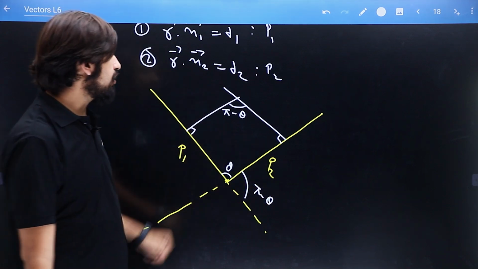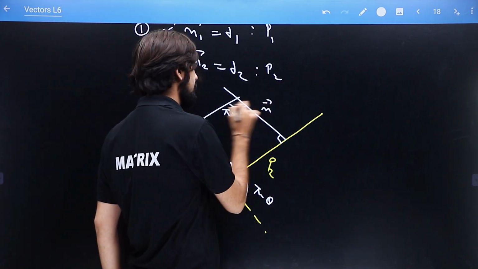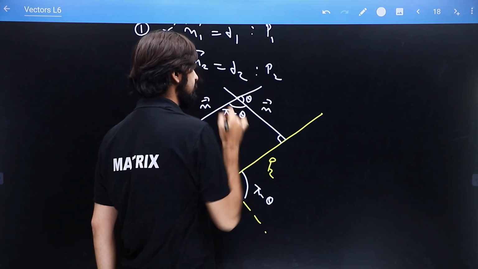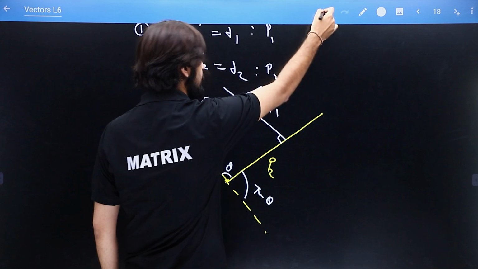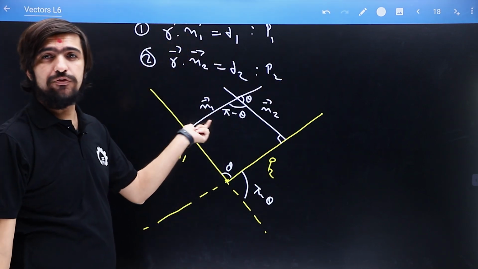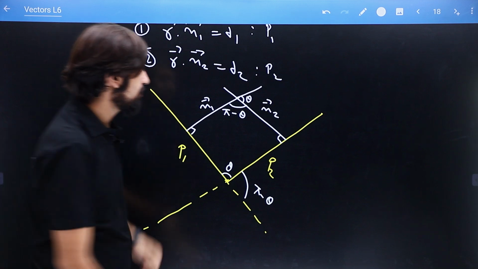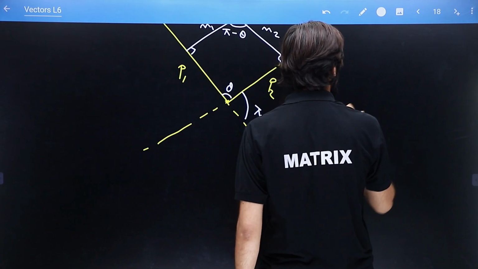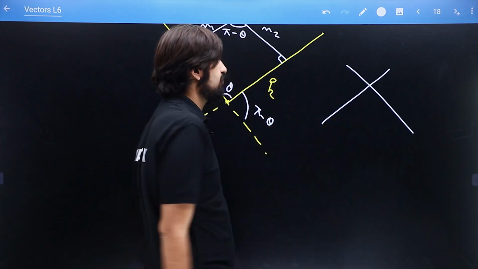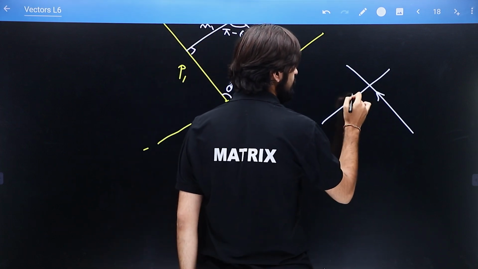This is the n vector, this is also an n vector. Again, if I extend, this is also theta. This is the n2 vector and this is the n1 vector. This is the normal of the first plane and this is the normal of the second plane. So if we have two vectors, you can assume any direction, it doesn't matter. So let's say I am taking this direction.